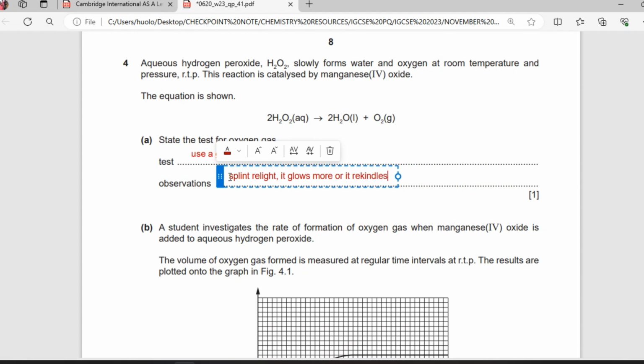It rekindles. Okay, so these are words we use to show what we see. The reason is simple. Oxygen supports combustion, so as the oxygen gets to the glowing splint, it supports the burning, so the splint continues to glow more.